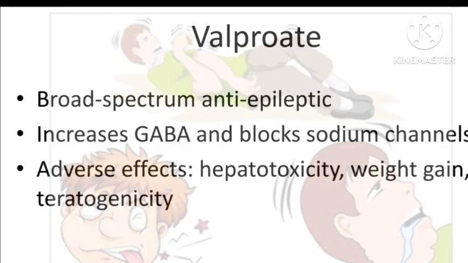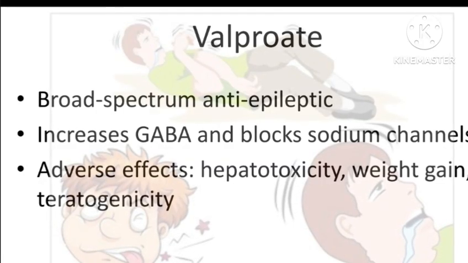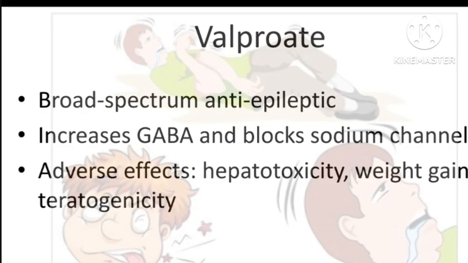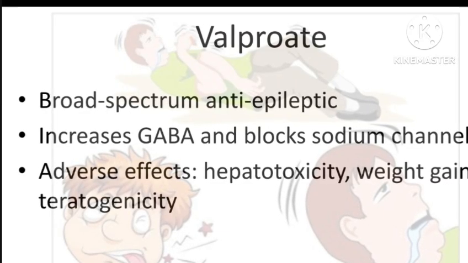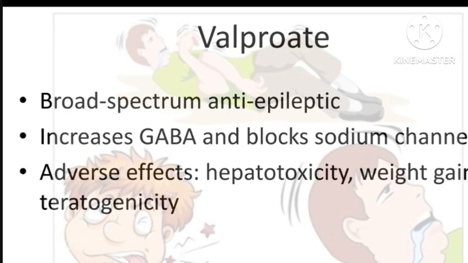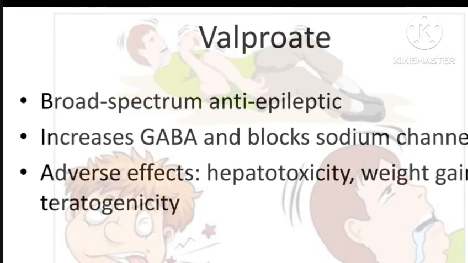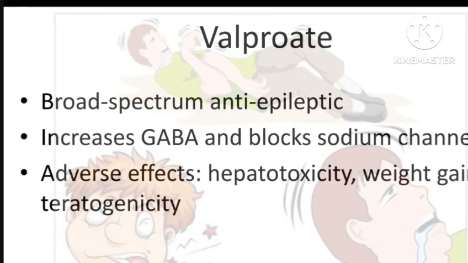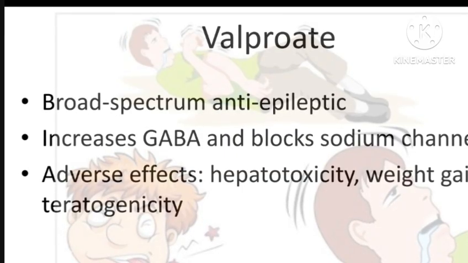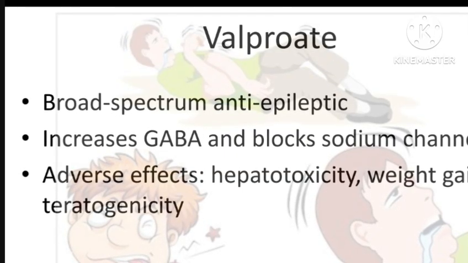Next, it has some severe adverse effects: weight gain, tremor, hair loss, GI upset, hepatotoxicity, and pancreatitis. And also it causes teratogenicity, with neural tube defects, especially spina bifida. So it is avoided in pregnancy when possible.